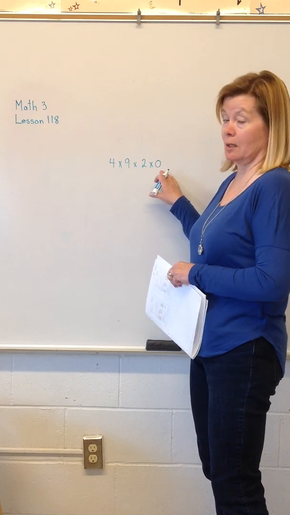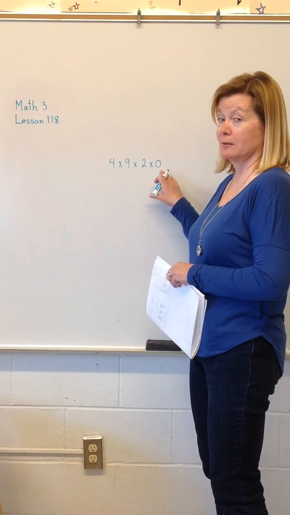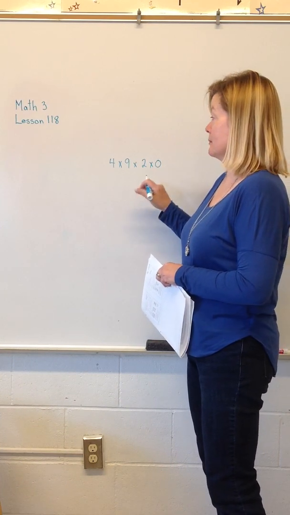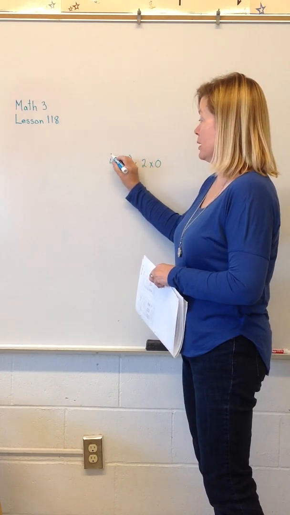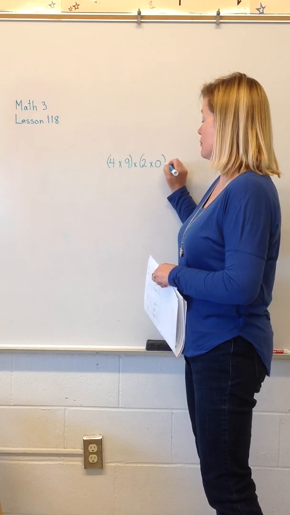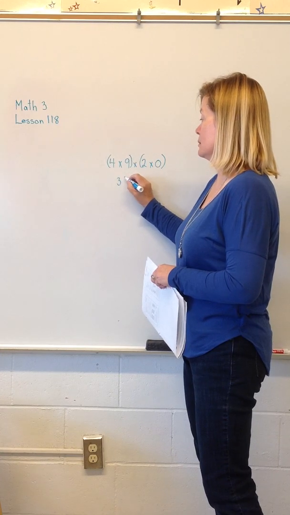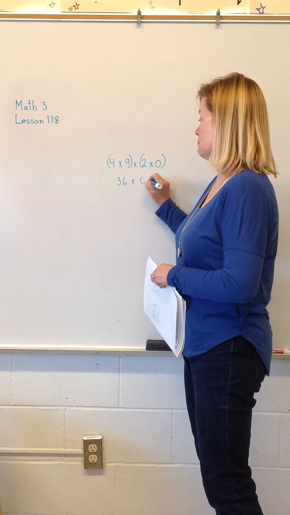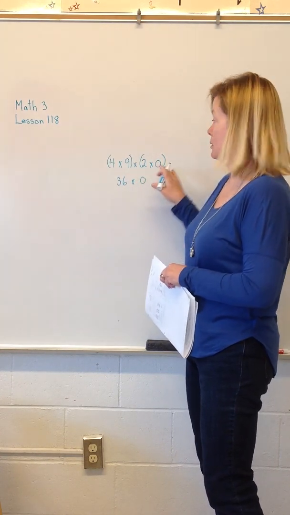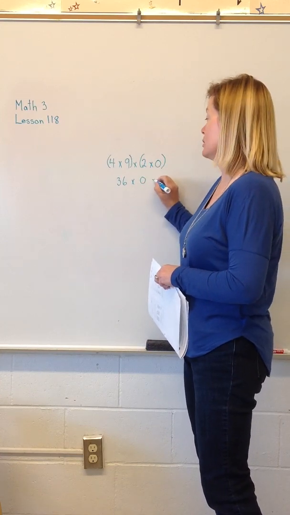You do know that any number times 0 is 0, right? So does it matter if you multiply this and this? Because you know with that 0 that the answer is always going to be 0.